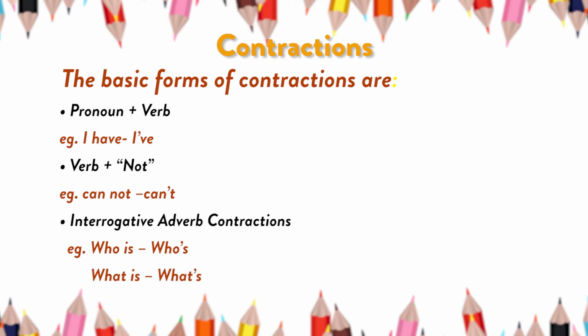So in statements where we have, for example, "who is," we can say "who's." So here we have the adverb and the verb. Then "what is," "what's." So, "Who's hat is it?" "What's the color of the car?"